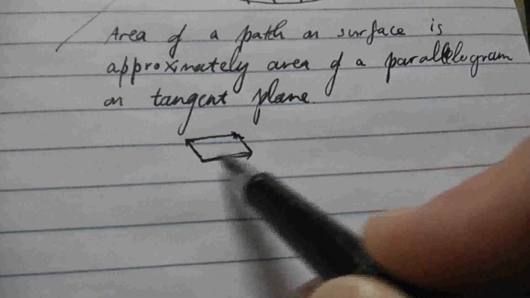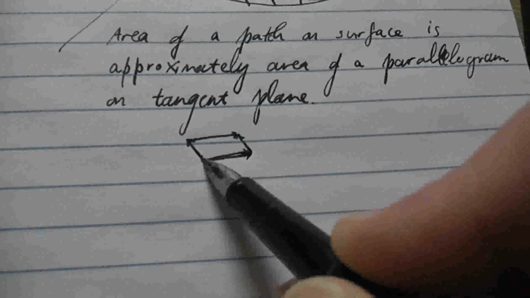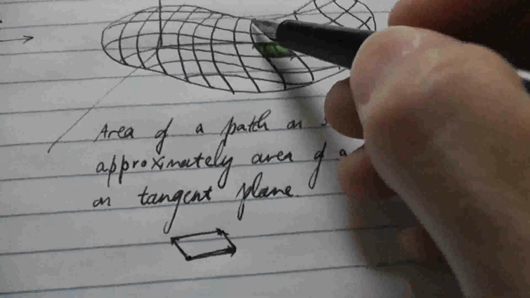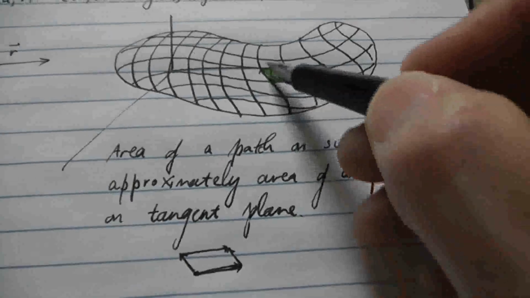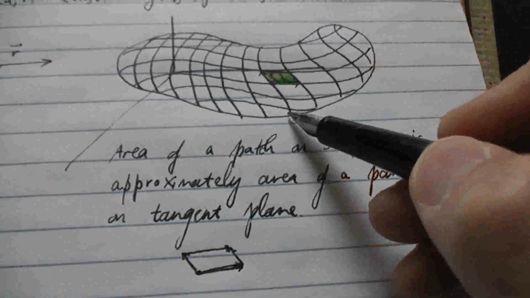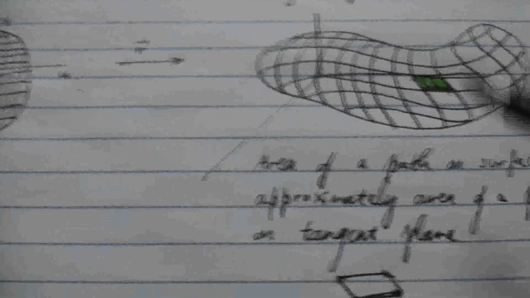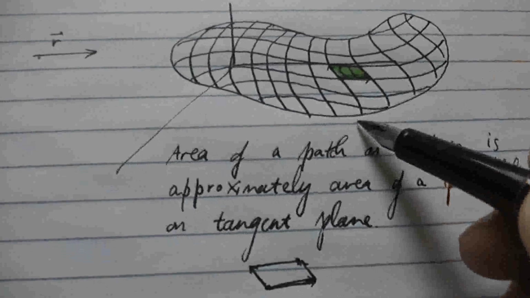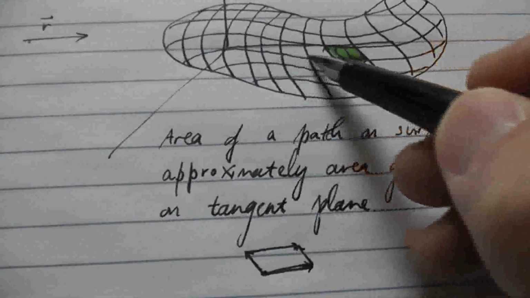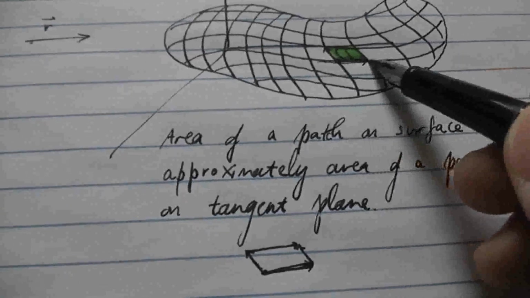So what are these two vectors? Well, let's look at it. This curve that I'm indicating right here was the image of one of the horizontal lines. That's where this curve came from. And this curve right here was the image of one of the vertical lines.